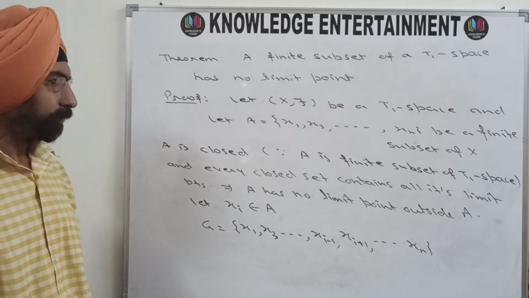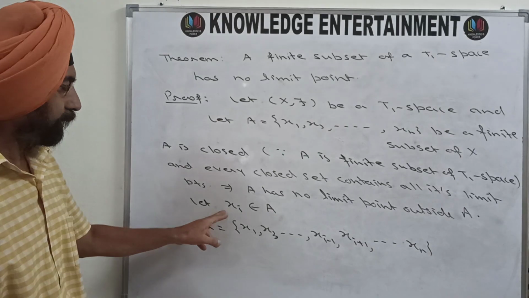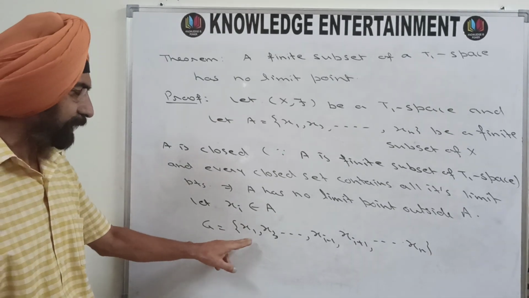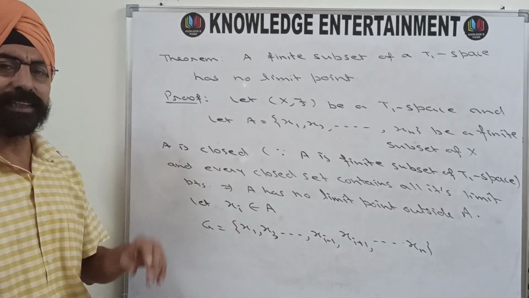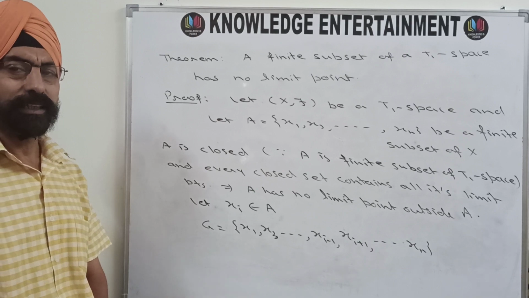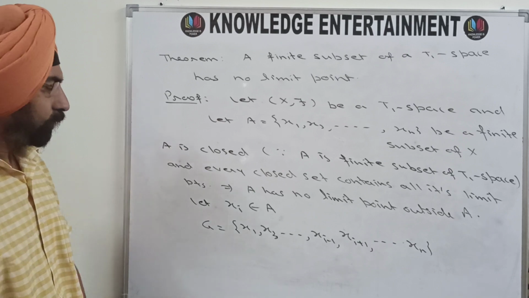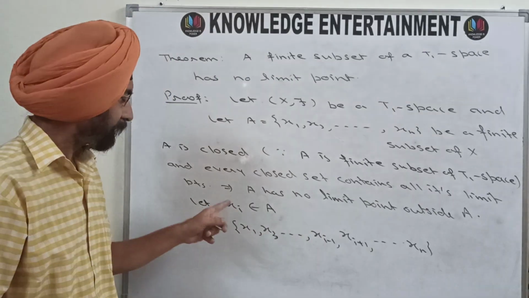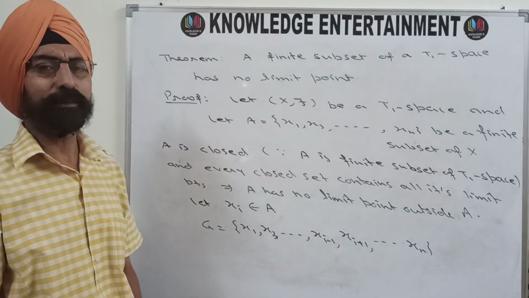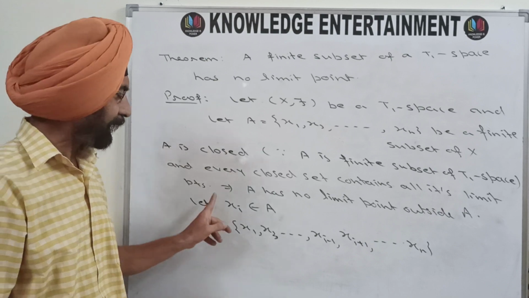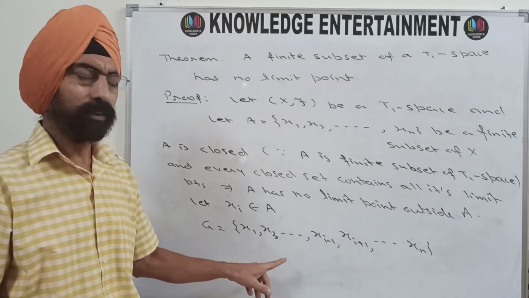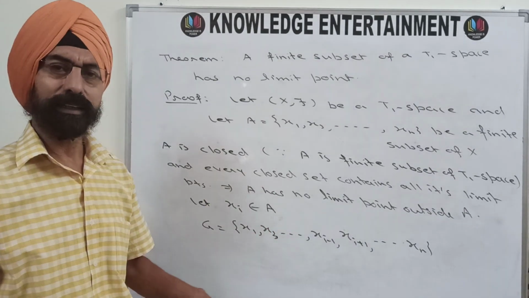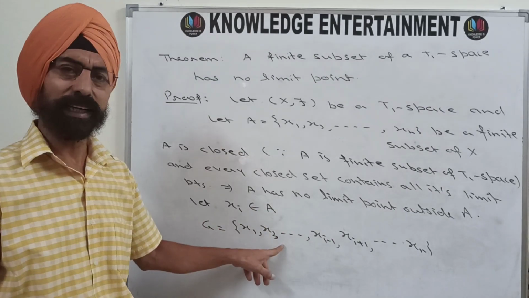Now, the intersection of this set with the singleton set xi is phi. So this open set does not contain the point xi. That means xi is not a limit point of A, because its intersection with this set is phi.